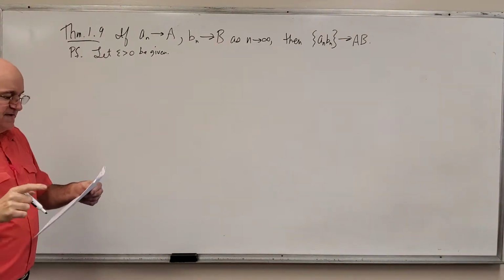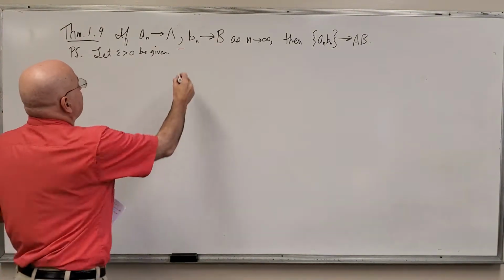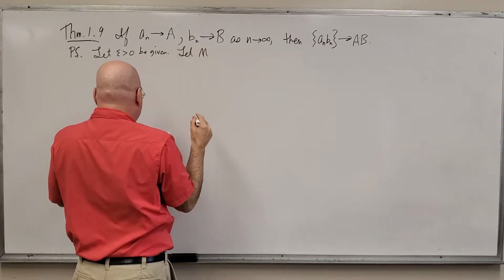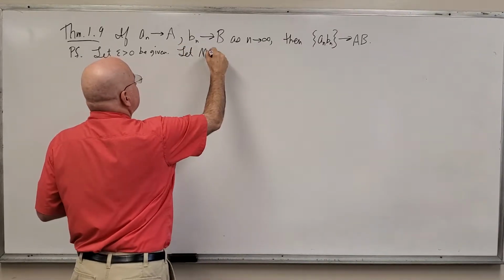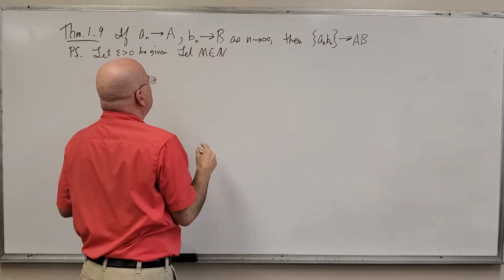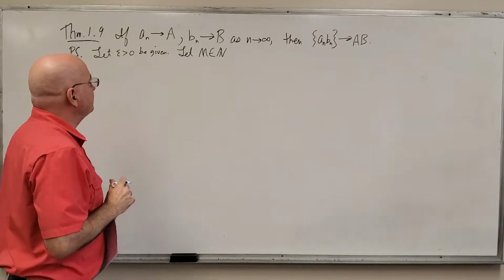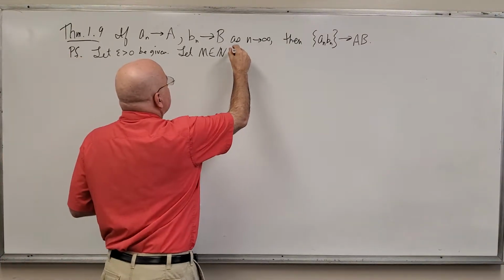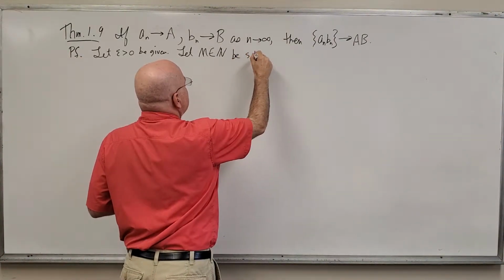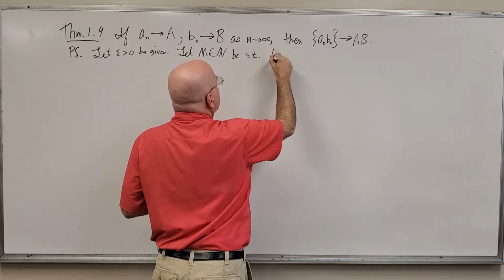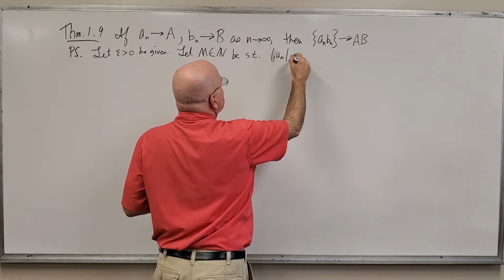Now, what I'm going to do with the sequence a_n, I'm going to say let capital M, it could be any positive real number, so I'm going to say let it be a natural number. Therefore, we know it's positive. Be such that, and I want capital M to be a bound.